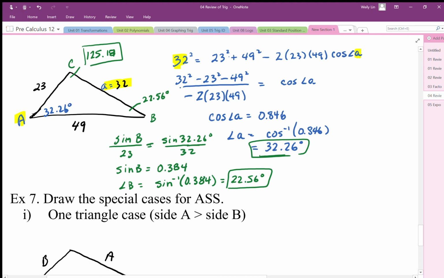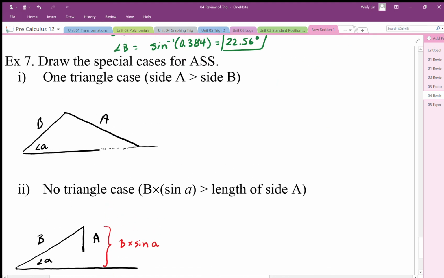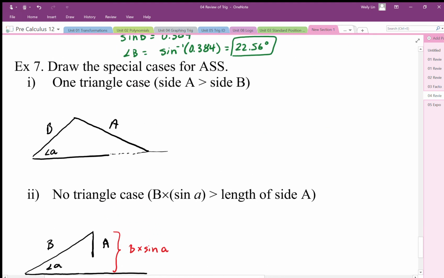So I talked about special cases for the ambiguous case, or the angle side. One of the special cases where we don't have to worry about theta 2, or about a second triangle, is if the length of side A is longer than side B. So side A is the opposite side to this angle, so it'll be oriented like this.